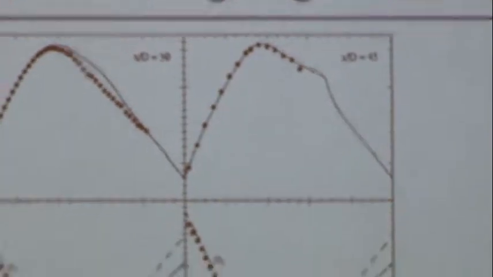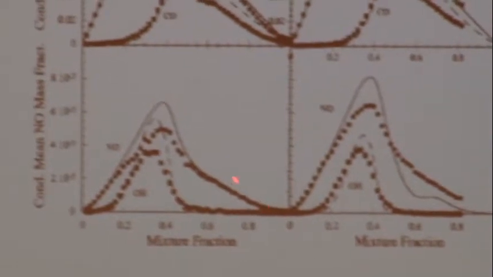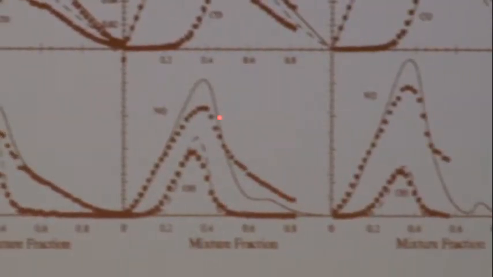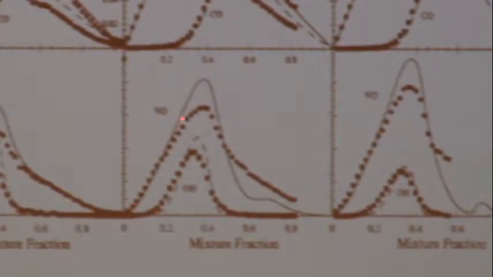Look, for example, down here we have NO. This is NO. You see, this is where NO is formed because of the curvature. You see on this side here, curvature goes the other way. This means NO is consumed at that point.